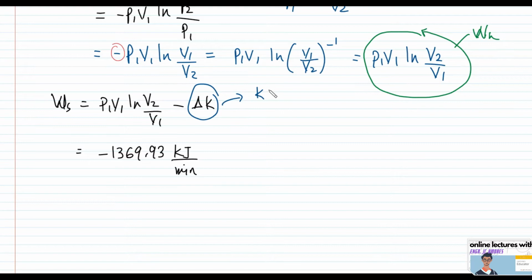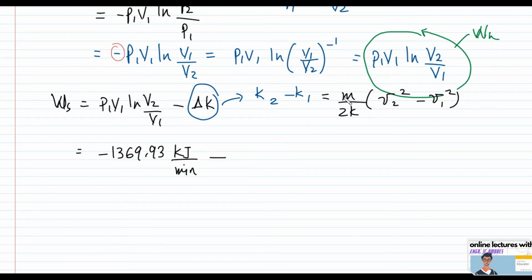Now delta K is the change of kinetic energy, so that is K2 minus K1. Essentially that would be equal to m over 2k times the difference between the squares of V2 and V1, V2 squared minus V sub 1 squared. So let's input that here.